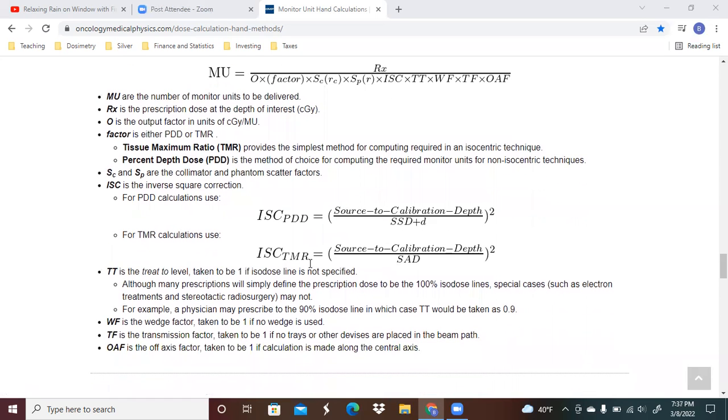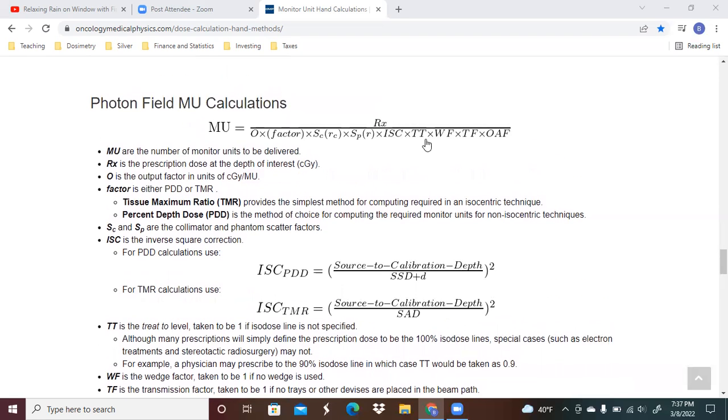Next is TT, which is a treat-to level, taken to be 1 if isodose line is not specified. A physician might prescribe to the 90% isodose line. So a lot of times here, I don't know why they call it TT, but it is an isodose line prescription.